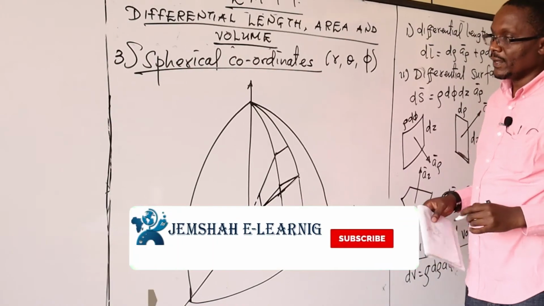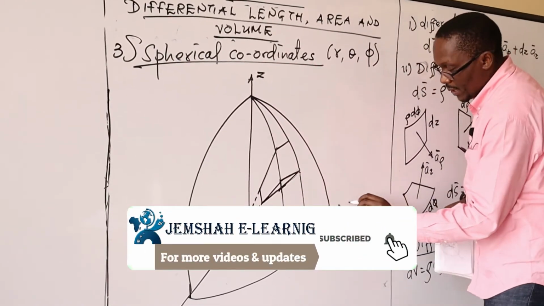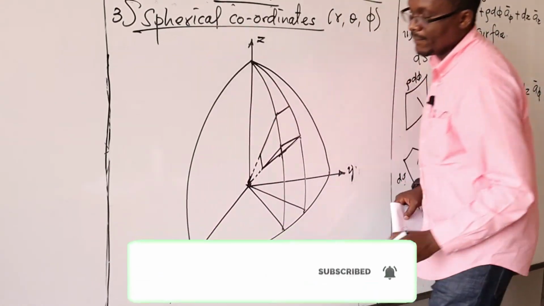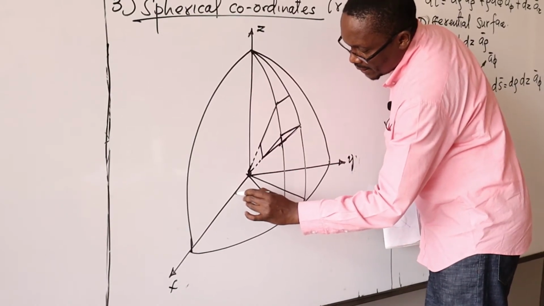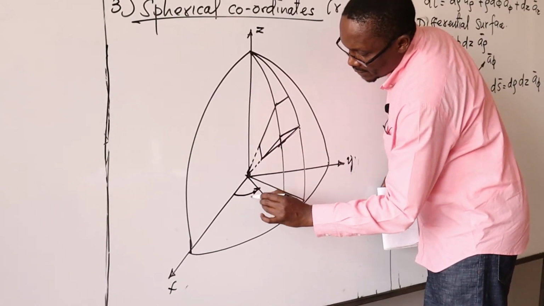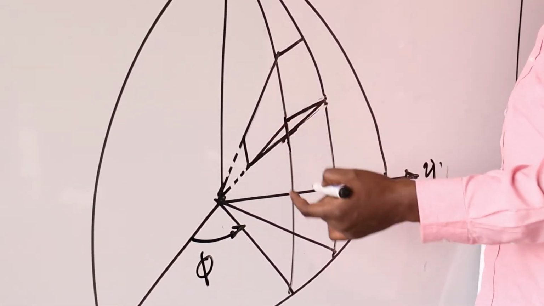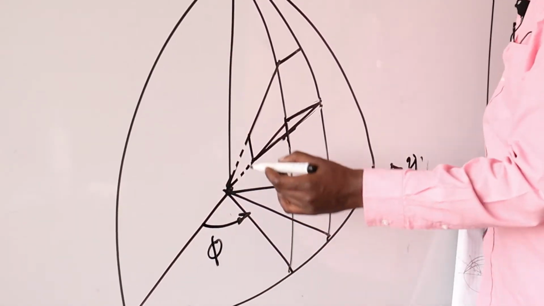The axes remain as z, y, and x. The angle that the x-axis makes with the radius of the sphere on the azimuth is phi.